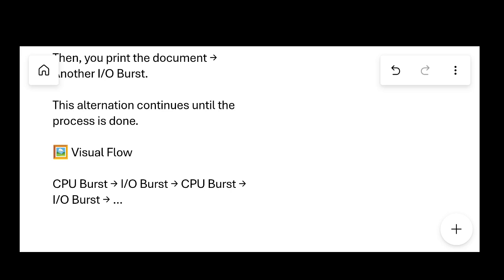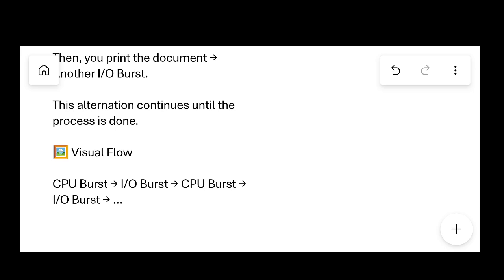There are two types of process, depending on where most of their time is spent. Processes are categorized in two terms. First one is CPU bound processes, which spend most of their time in CPU burst.